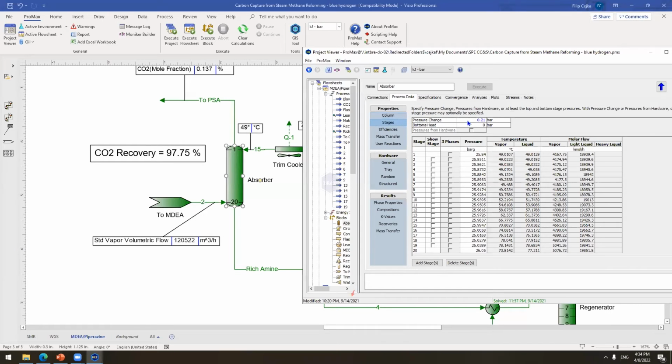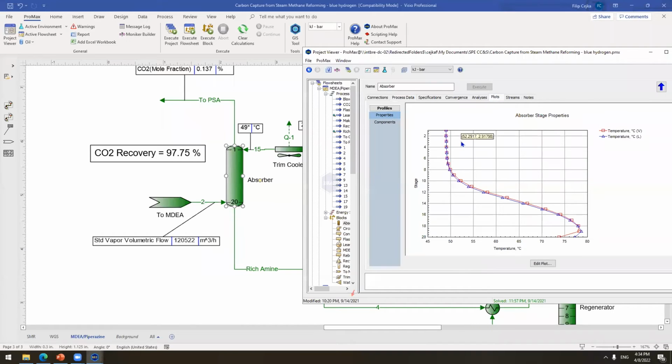In terms of stages, you can see that there's some pressure drop, and how it's changing through the column. You can also see some temperatures, and I can show it on a plot. You can see there is some kind of a bulge in here.